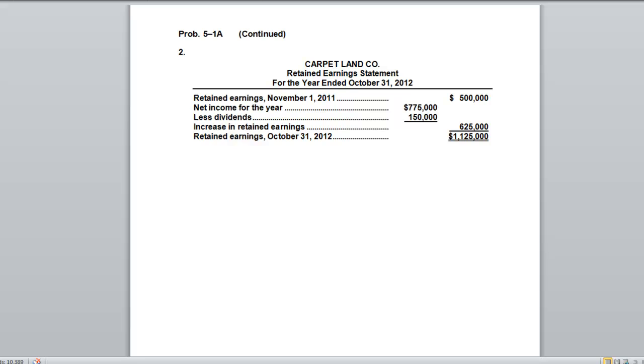Our dividends, we can tell that figure was given to us as well. So we distributed $150,000 of dividends. So that leaves us with $1,125,000. This is our ending retained earnings. And as you're aware, this is going to next find its way to the balance sheet. Let's take a look and see what that's going to look like.